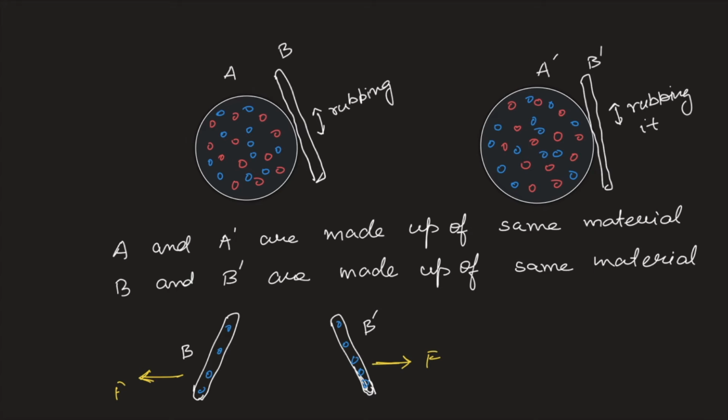Now this is an important observation. अगर आप अपने बाल पे दो अलग अलग कंघियों को रब करते हो, if you rub two different combs on your hair and you try to bring those combs closer together, you will observe that the combs have a repelling effect. They do not have an attracting effect, but they actually have a repelling effect.